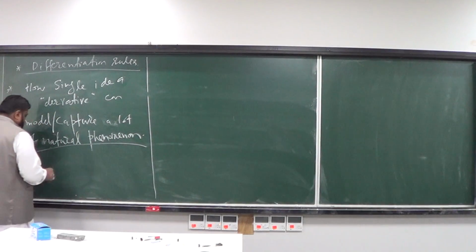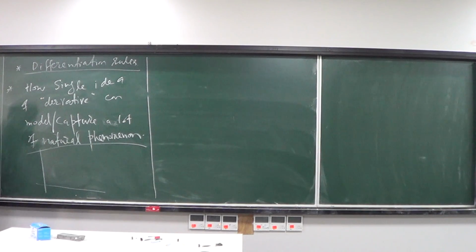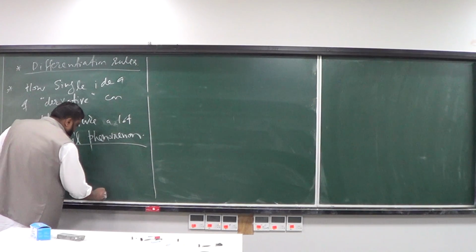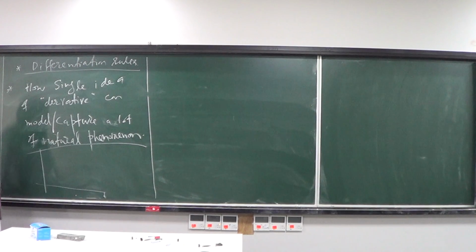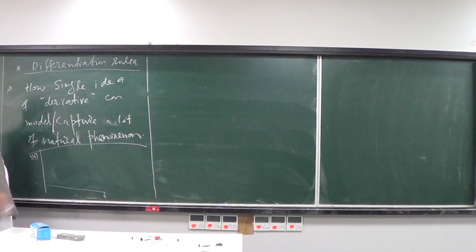So let's imagine I have a function. You can say this axis represents time, and this represents something that depends on time.